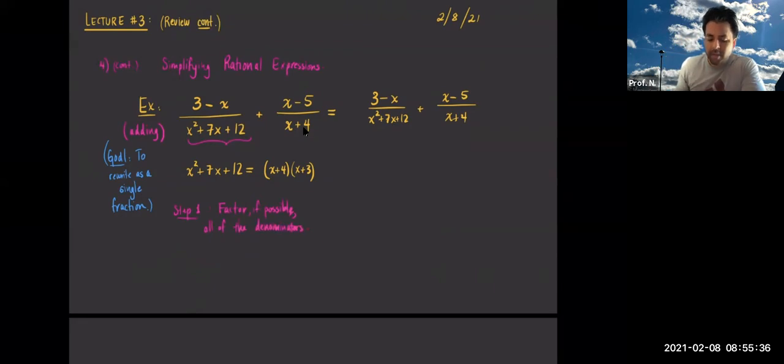Oh, Chen raises a great question. How do you decide when to use the AC method or just do the x plus a number times x minus a number? Very simply, the AC method can be applied for any general quadratic.